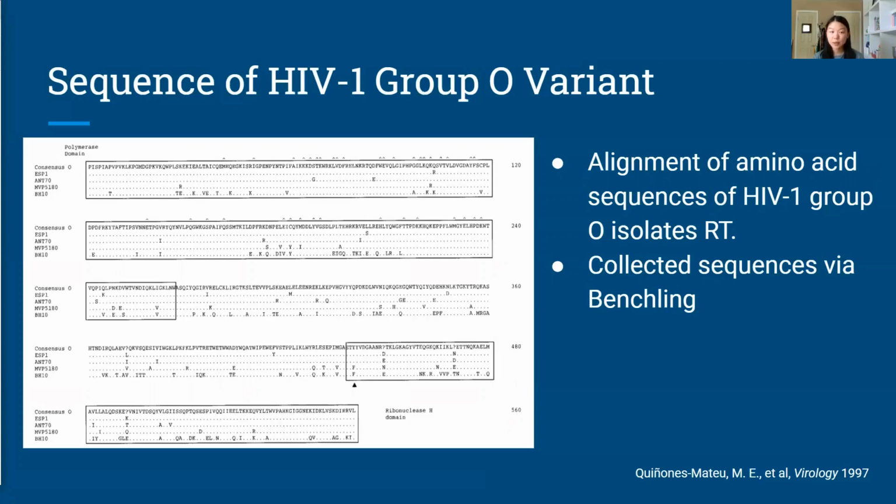In this table, you can see the sequences of the consensus O and the mutated sequences of ESP1, MVP5180, and AMT70. From this table, I was able to obtain the amino acid sequence of ESP1 and save the sequence via Benchling.